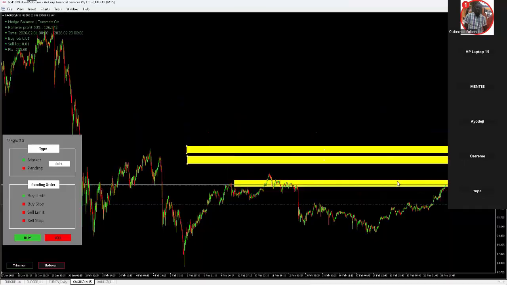So let's just look at what we have done before, that we want to place a trade on these areas. So that's what we are going to do again. Here, I want to put a buy stop 0.02. Pending order, buy stop, buy.